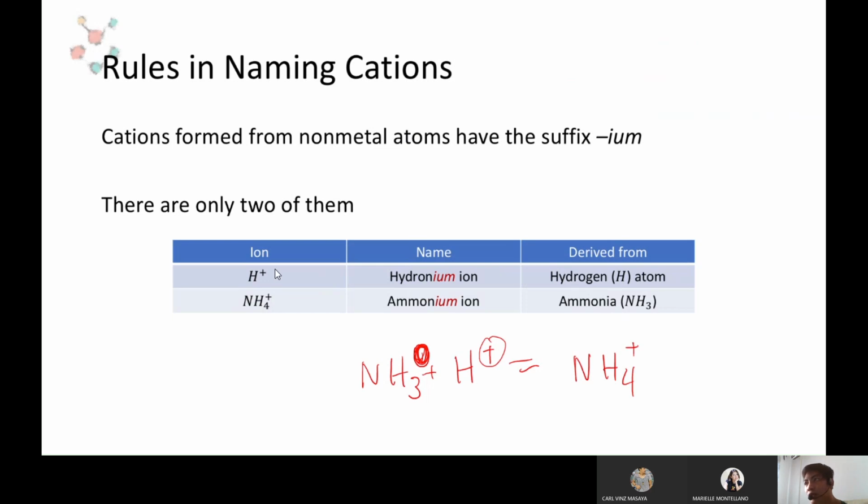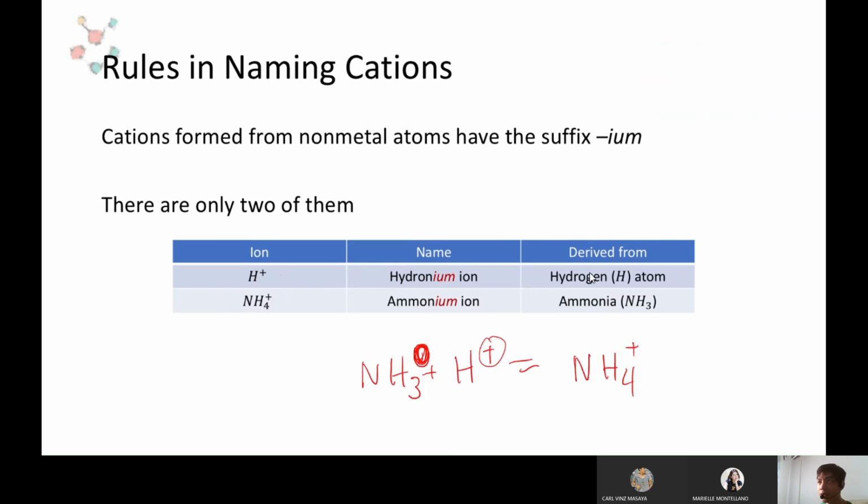So when you add a hydronium ion to ammonia, you produce NH4+, and its name is ammonium. It comes from ammonia, and since it is a cation, the suffix we use is -ium. There are only two, so you need to memorize them.